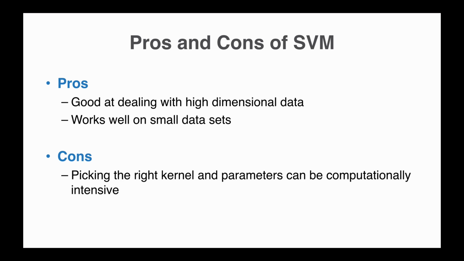The main con is that picking the right kernel and then also the right parameters can be very difficult and computationally intensive. If you were having to run this SVM model on 10 different C parameters and gamma parameters, that would just take a really long time, and it's probably not the most effective way to build a classification model.